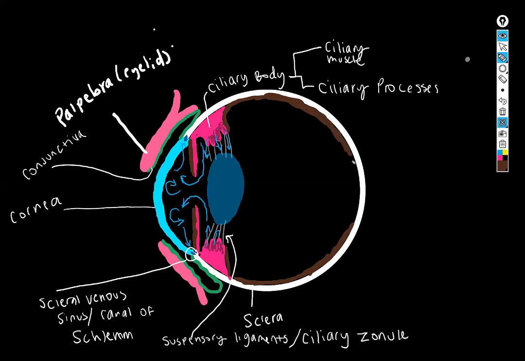It's also called the vascular tunic of the eye. And I'm making it brown because it's got a lot of melanin in it.